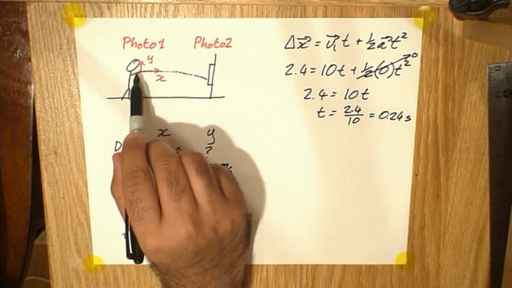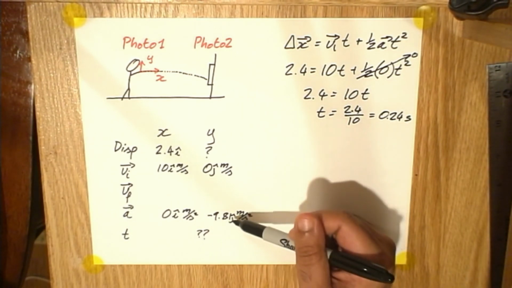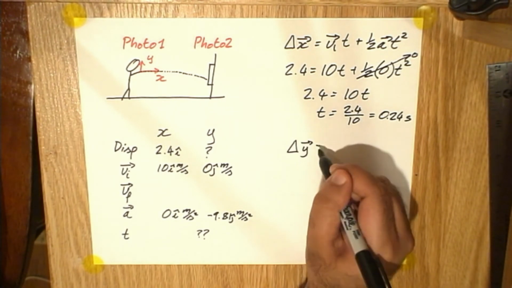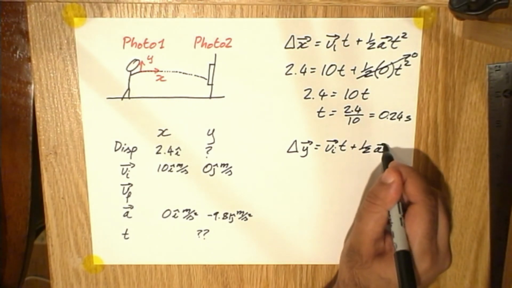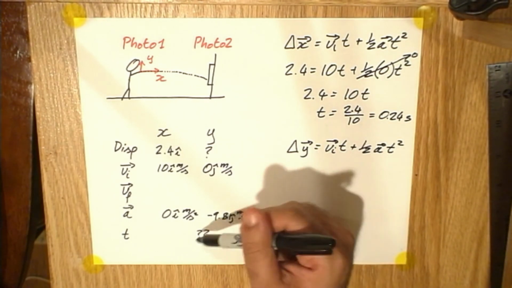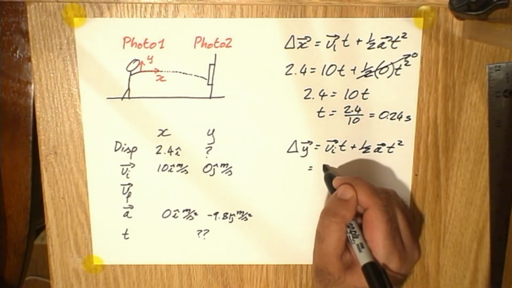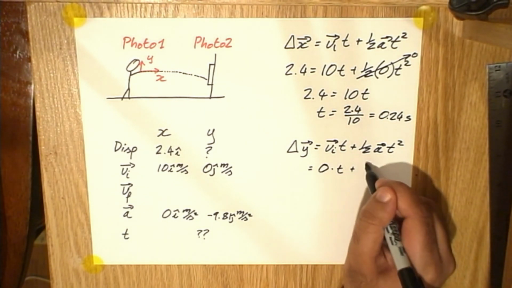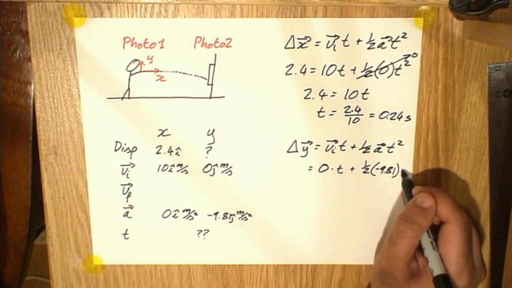Now what we have to find is how far it falls in those 0.24 seconds. Again, we know time, we know acceleration, we know initial velocity, and we're looking for a displacement. So delta y is equal to v initial times t plus 1/2 a times t squared, because that's the only equation that weaves together these 4 quantities. Delta y is unknown, but v initial was 0, so that term cancels out anyway, plus 1/2 times acceleration, negative 9.81, times time of 0.24 squared.